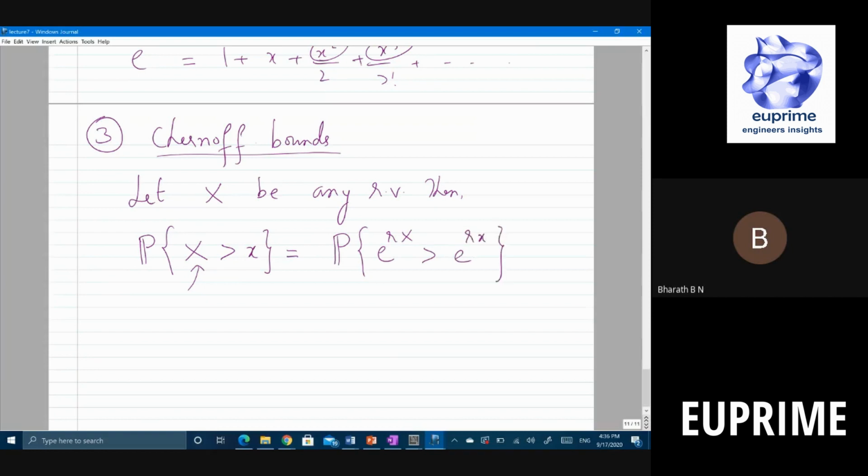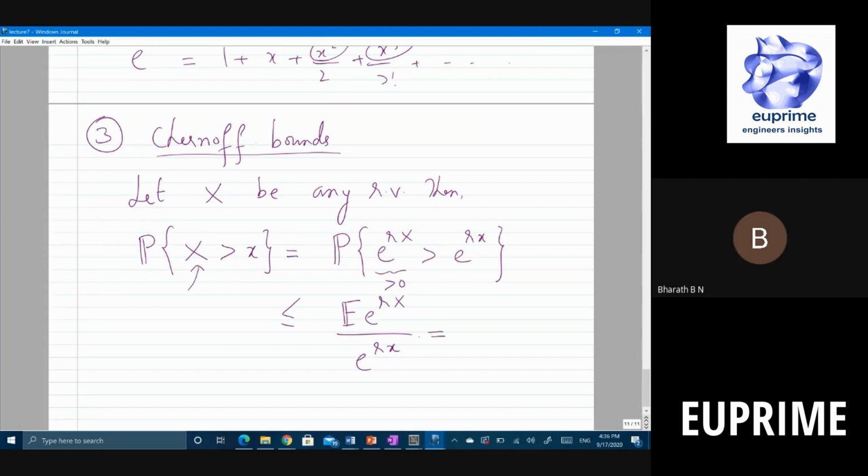Do you agree? Exponentiation is an invertible function, right? If e^(rX) is greater than e^(rx), then rX is greater than rx, and therefore capital X is greater than small x. Now, for this I can apply Markov because this is always greater than 0. So it will be the expected value of e^(rX) divided by e^(rx).